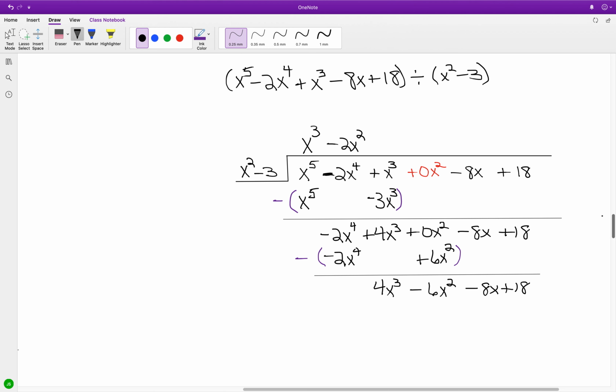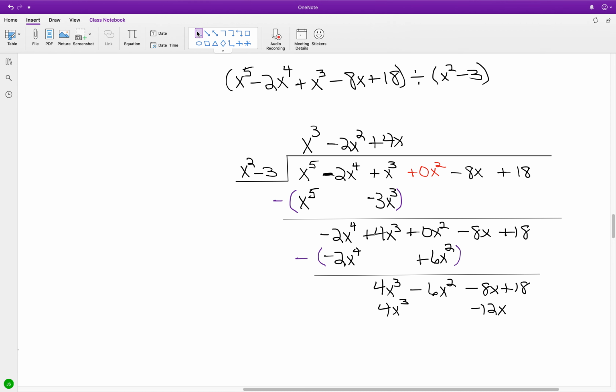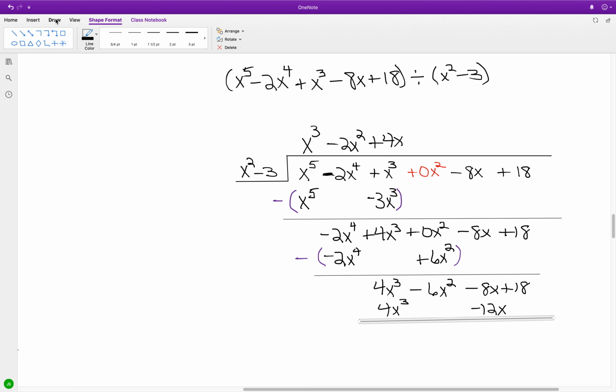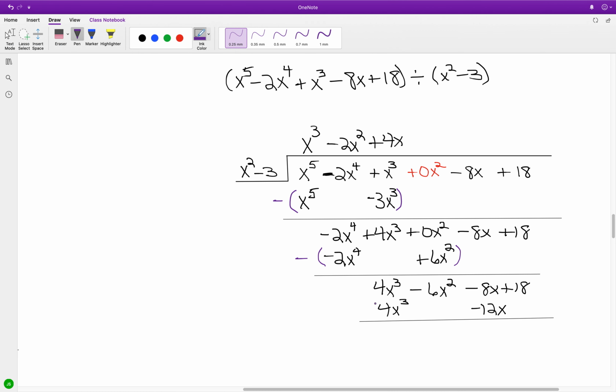So we have x squared into 4x cubed, that'll be 4x. And distributing, we have 4x cubed minus 12x. So 4x cubed goes out, and there's nothing to take away from negative 6x squared, so that will be brought down.